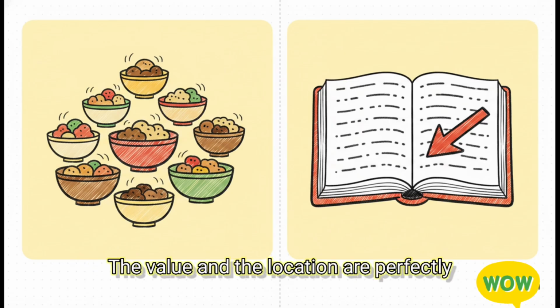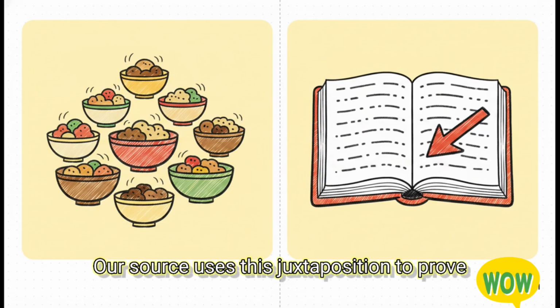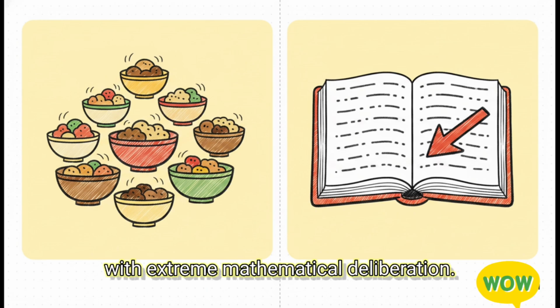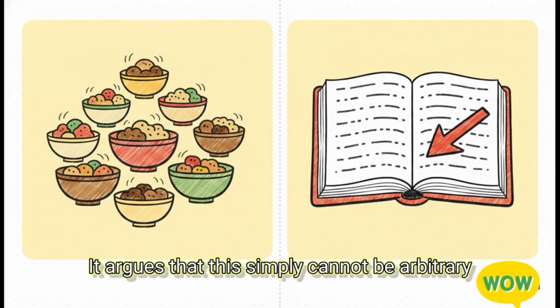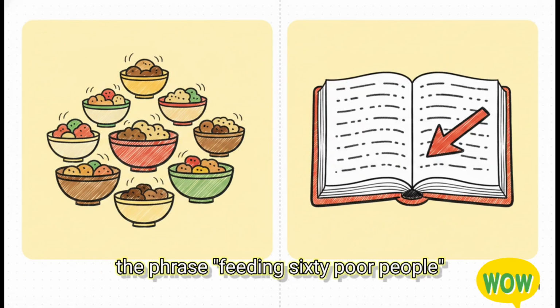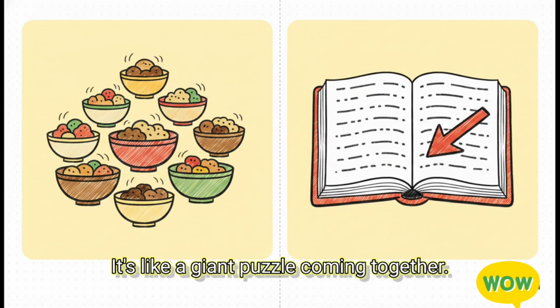The value and the location are perfectly mirrored. Our source uses this juxtaposition to prove the claim that the text's words are arranged with extreme mathematical deliberation. It argues that this simply cannot be arbitrary. The wording is purposefully designed so that the phrase feeding 60 poor people arrives precisely to complete 60 words. It's like a giant puzzle coming together.